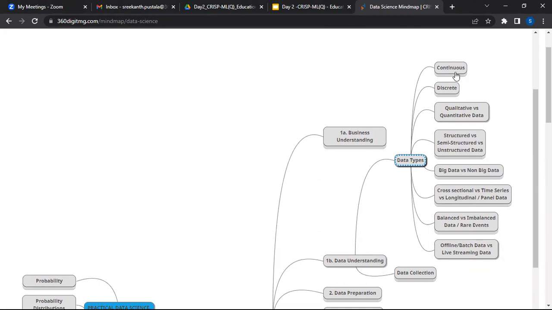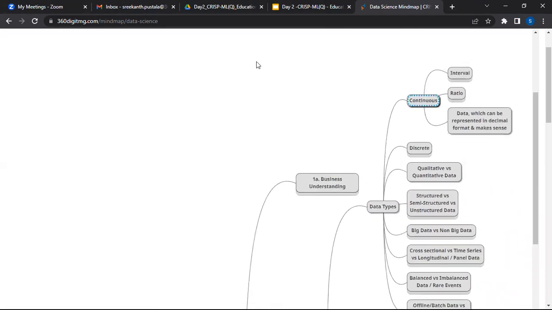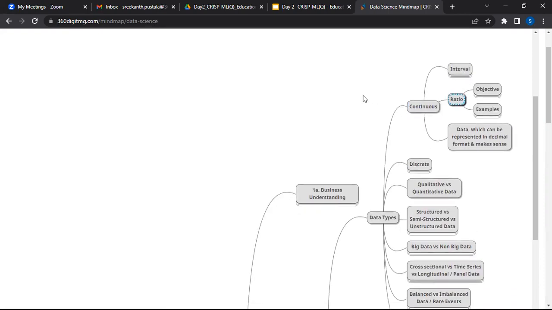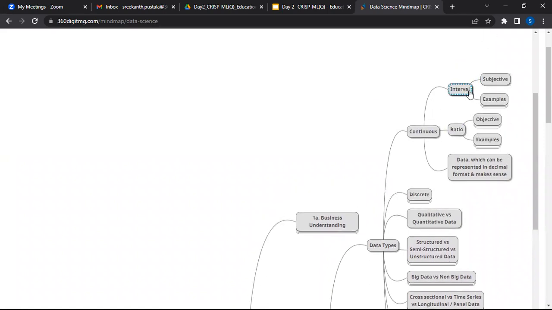When it comes to the continuous data type, we have interval and ratio, and it is data which can be represented in decimal format and makes sense. When we have ratio, ratio data is objective and interval data is subjective.